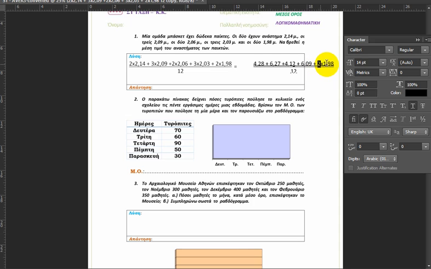And 2 times 1.98 is going to give me 3.96. Now let's add all of these up.